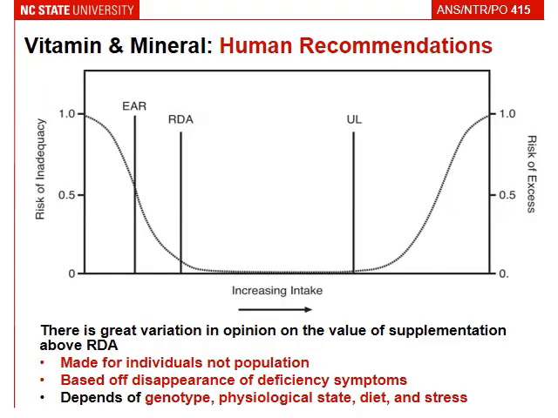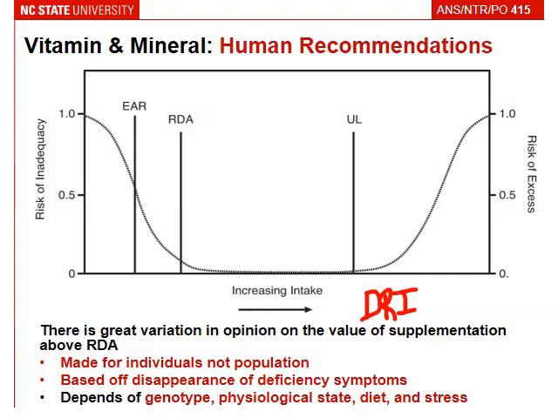So here we have a graph showing how we come up with the human recommendations. The human recommendations are daily recommended intakes, or DRIs. So this graph is a summary of all the DRIs. So what makes up the DRI? We have the estimated average requirement.